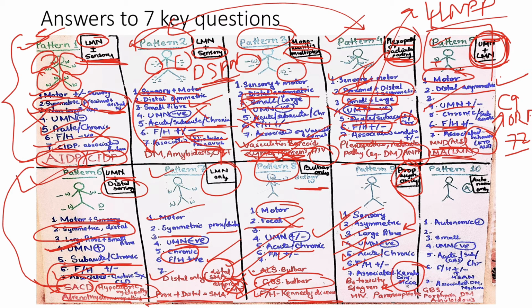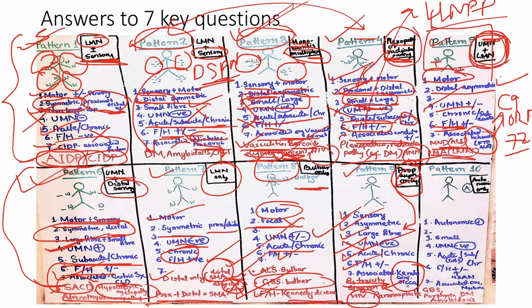What is also important here is that if you get asymmetric loss of proprioception, always get an HIV test done. Just as I told you to get an HIV test done in pattern 3, also get an HIV test done in pattern 9. Another thing is pyridoxine. If there is deficiency of pyridoxine, you will get peripheral neuropathy.